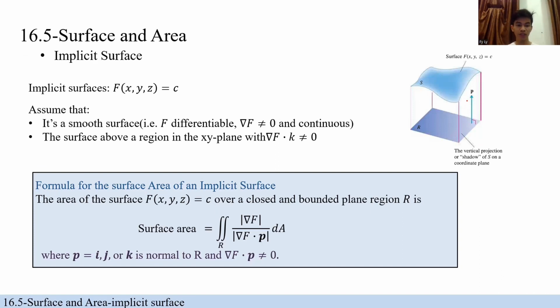Right here p is a vector, equal to i, j, or k, that is normal to the region. The gradient dot p is never zero; if it's zero, it is undefined.